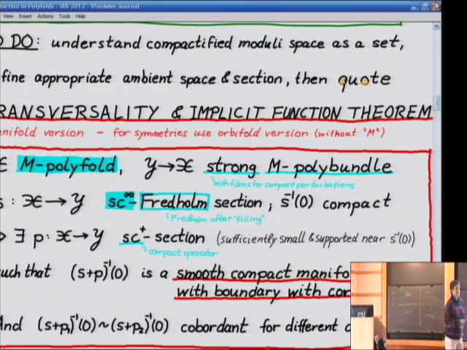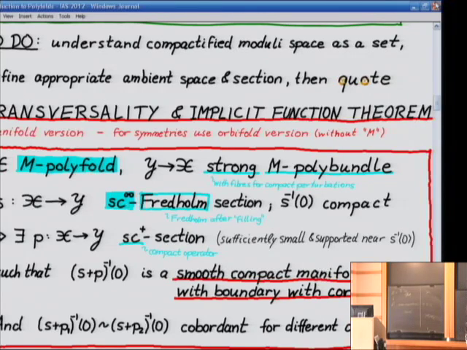So I would need to a priori know that there are no holomorphic spheres in my manifold, full stop. Then I wouldn't have to include them in that compactification. Well, you could still write down a problem, but the solution set would not be compact, and so we can't run the black box, the red box.